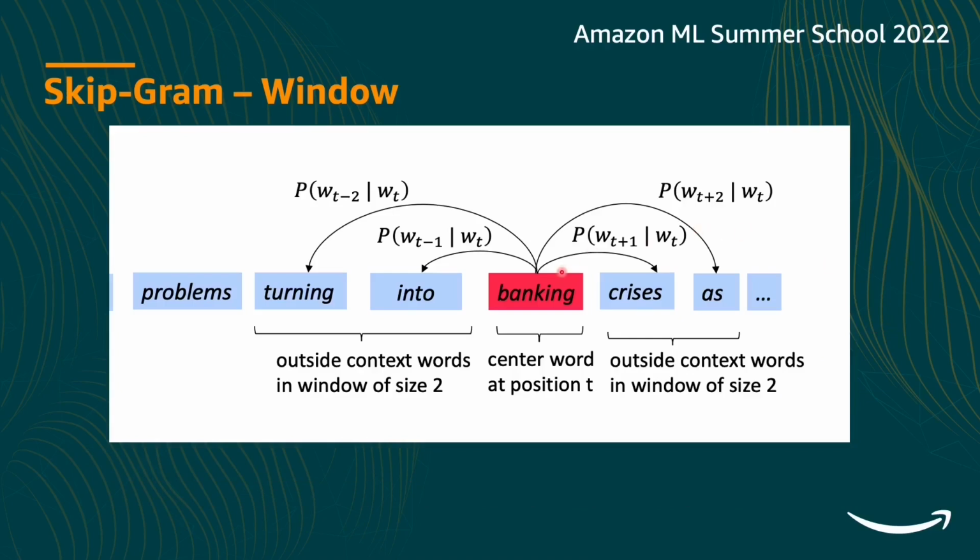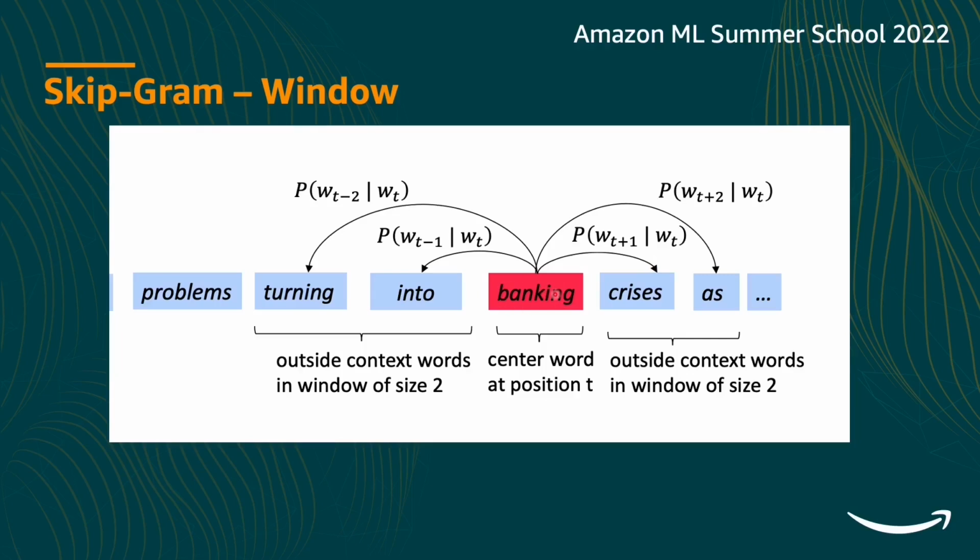So here in this example, banking is our target word, and we define a context window around it, in this case of length 2. According to skipgram, we want to predict the context words given the target word.